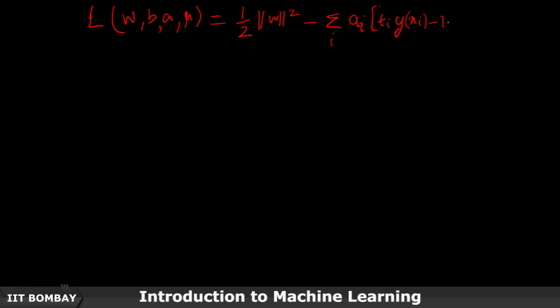So we will have that minus 1, but then we will also have this slack variable xi, and this will be the close bracket.